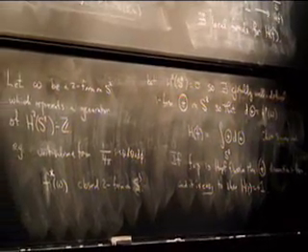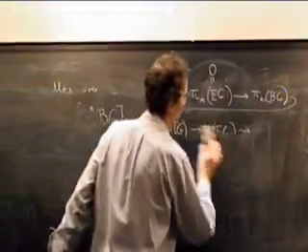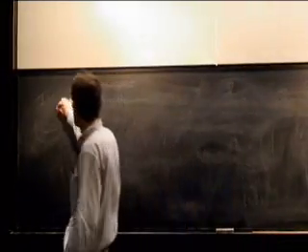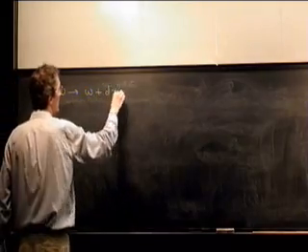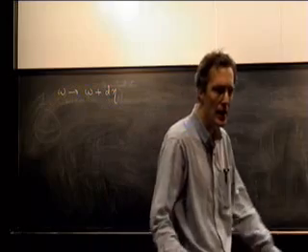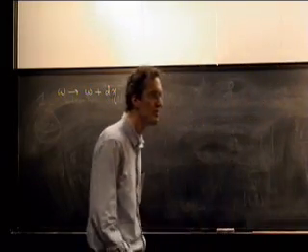Now, you might ask me one thing. You might ask, well, what about changing our representative little omega of the generator of H2? What if I change little omega to little omega plus d eta for some globally well-defined eta on the sphere?